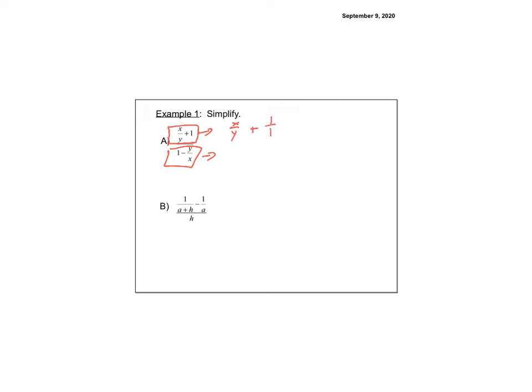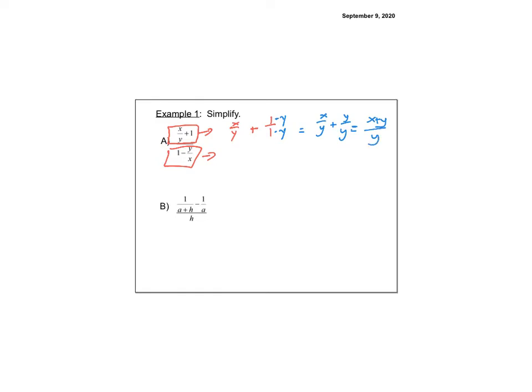We need to get a common denominator up there in the numerator. So to get a common denominator, you look down in the denominator of those two fractions and you see a y. So y has to be the common denominator. So then I can simplify that down to x over y plus y over y. And now that they have a common denominator, I can add the numerators: x plus y over y.